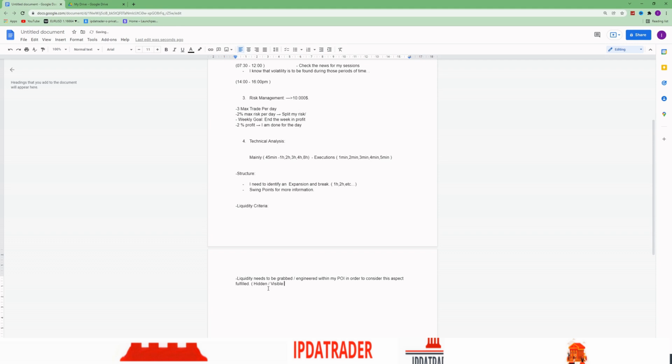So whether that is hidden or visible liquidity that is being grabbed, that's going to fulfill my aspect. I'm going to favor Asia highs and Asia lows because in my experience, those are the most effective liquidity pools you want to see grabbed into your point of interest, okay? That's going to serve you extremely well in terms of actually confirming your liquidity criteria. So that's for me, okay?